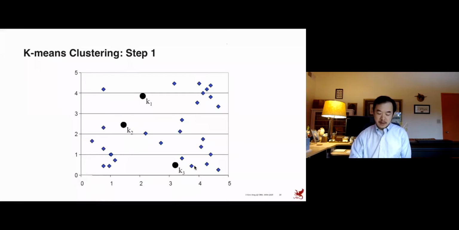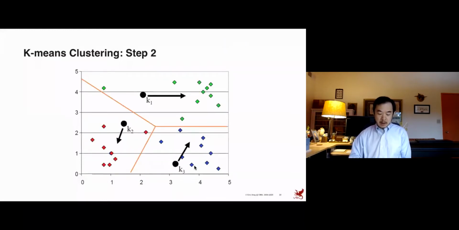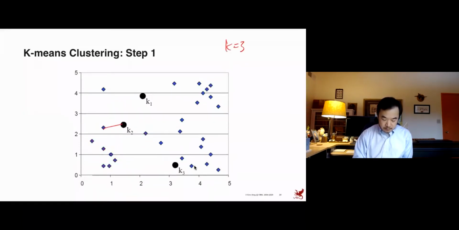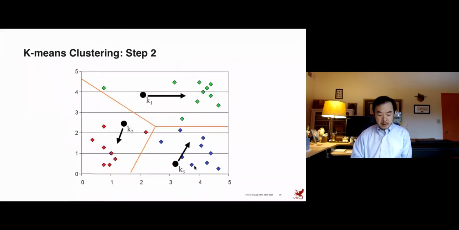By the way, my k equals 3 in this case. Then I compute the distance of every data point to the centers. This is done on every data point, and accordingly I assign them a cluster label. I call these a red cluster, a green cluster, and a blue cluster.